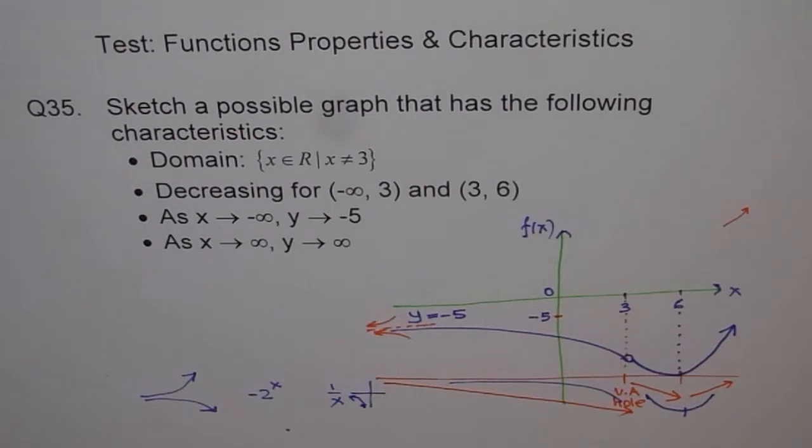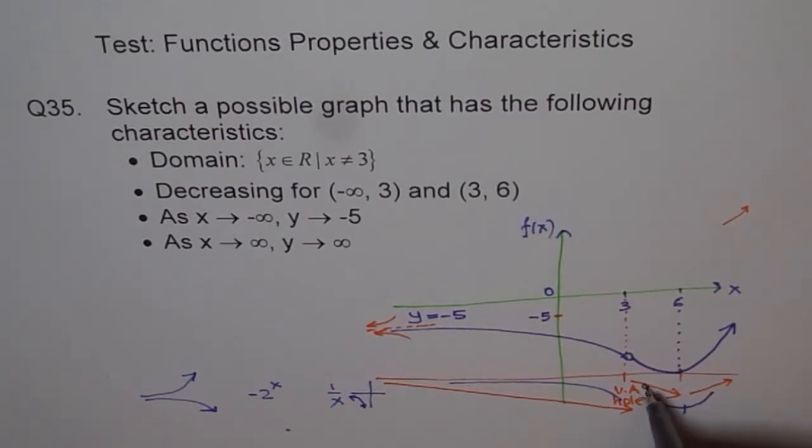There are other options also. For example, this part I considered a parabola. You could actually draw from here a square root of x. Do you see that? Including this point, right? And it is not necessary that you start from there. That is also interesting. You could actually start from anywhere, right?